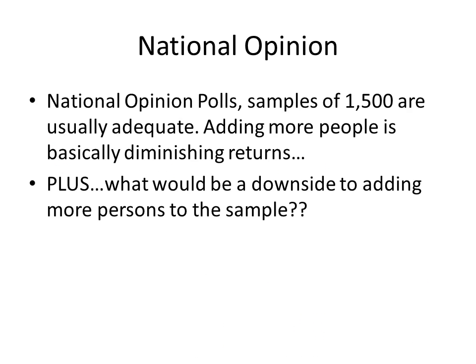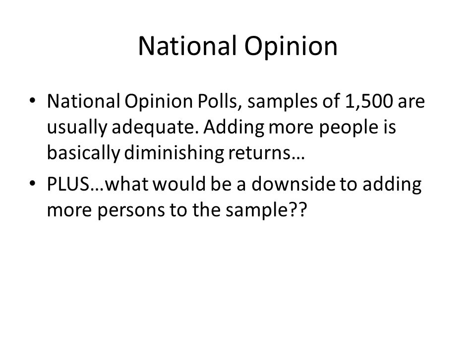National opinion polls usually have samples of 1,500, and these are usually adequate. But adding more people is basically diminishing returns. It means you may not get more precision just by adding more people.